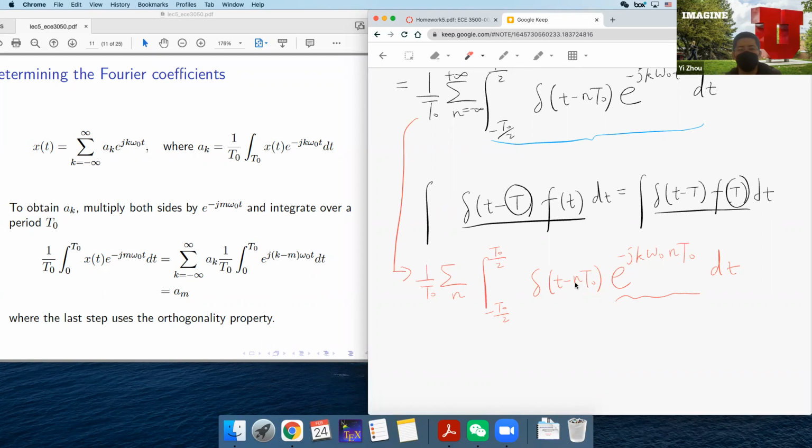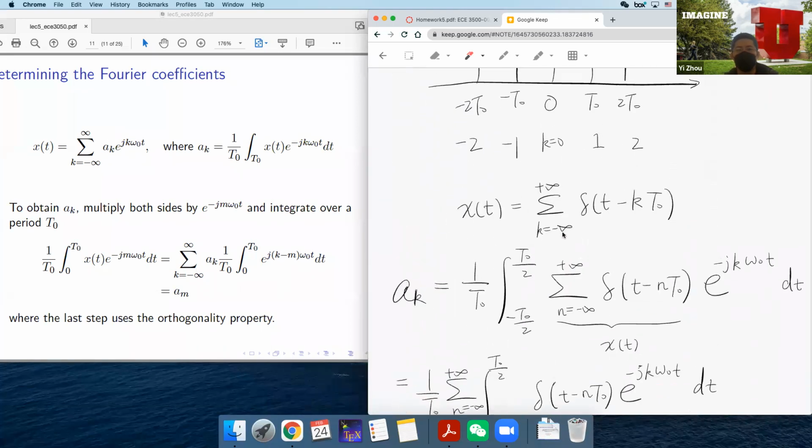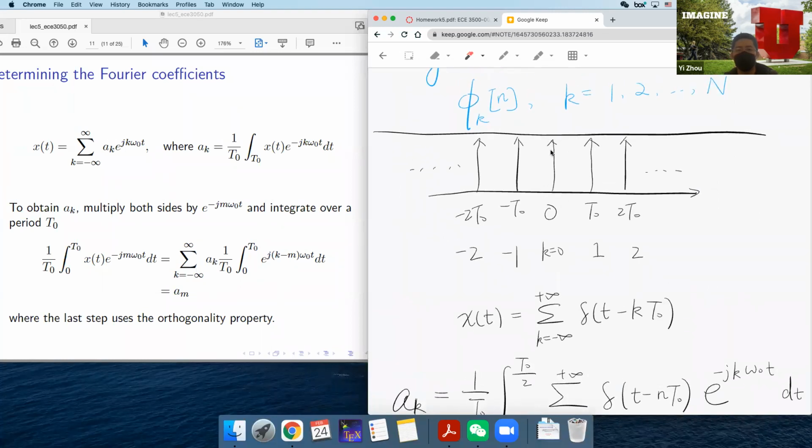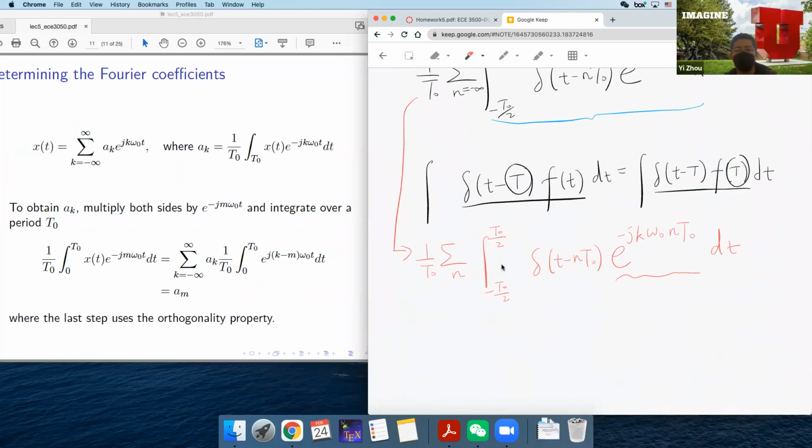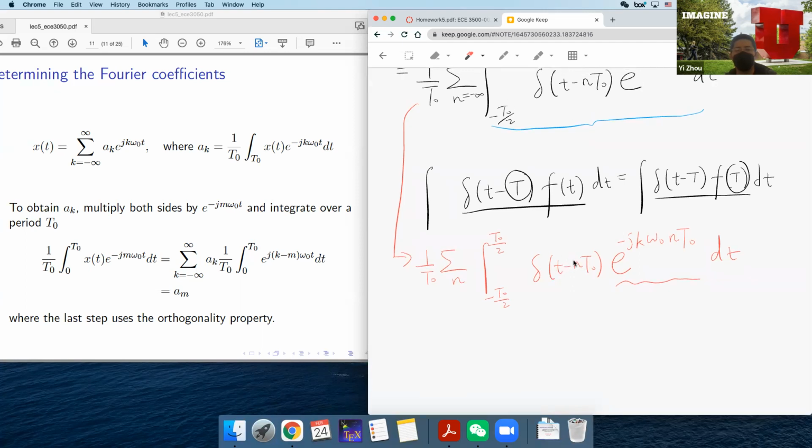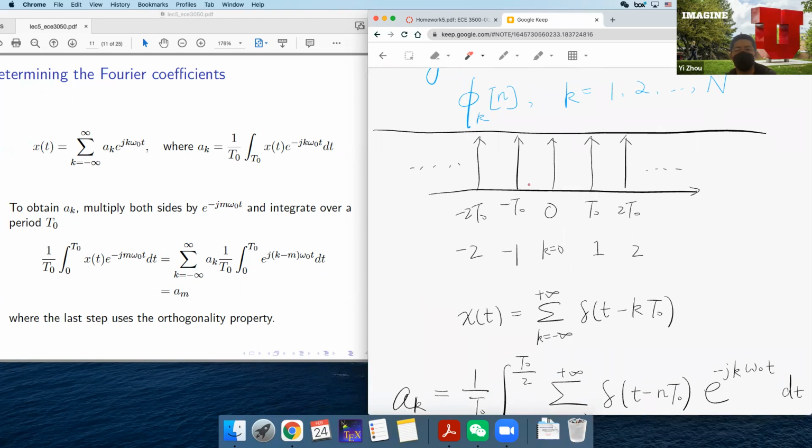So you can see that if n is 0, then this is delta(t). So we are looking at this impulse, which is within this period. But if n is other than 0, like either 1 or -1, we are shifting the impulse to the right or to the left by T0, and then that will be outside the period that we consider.